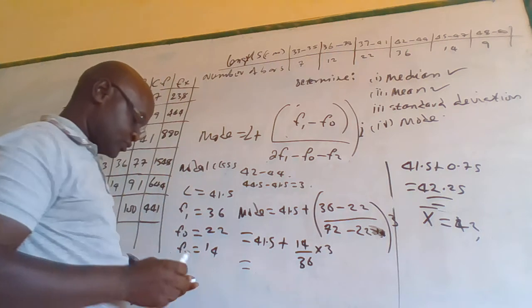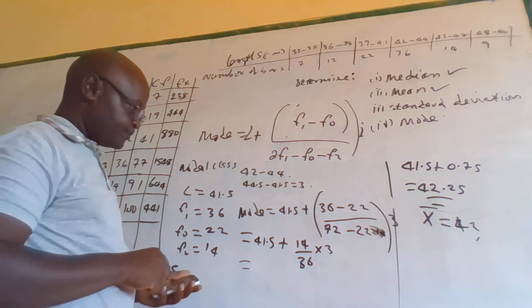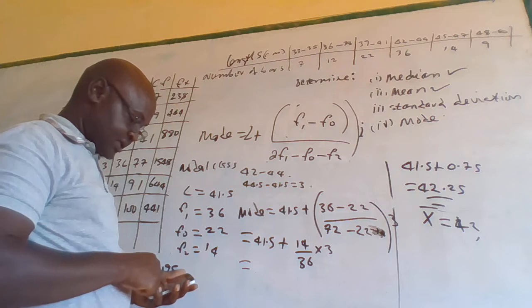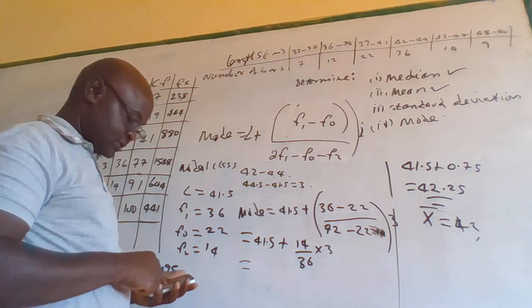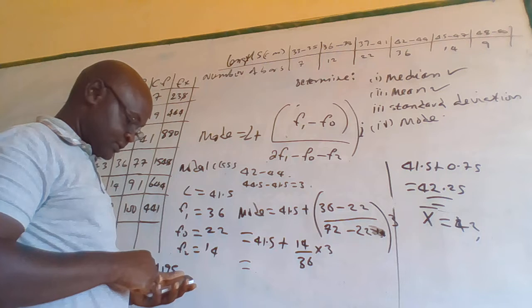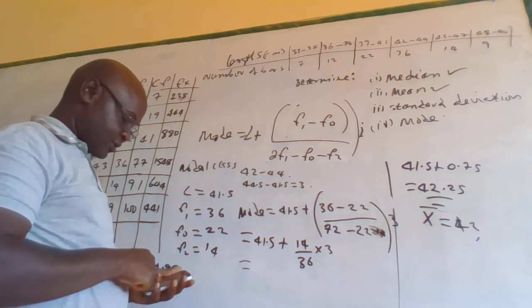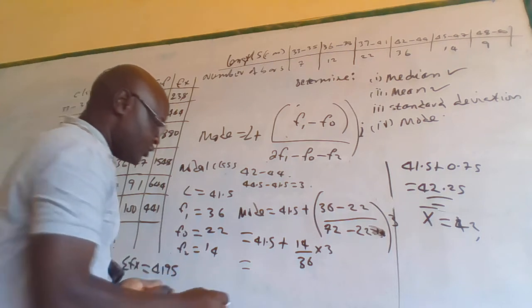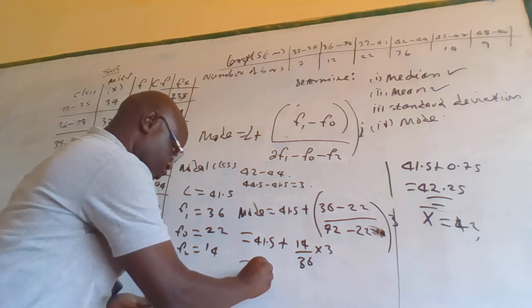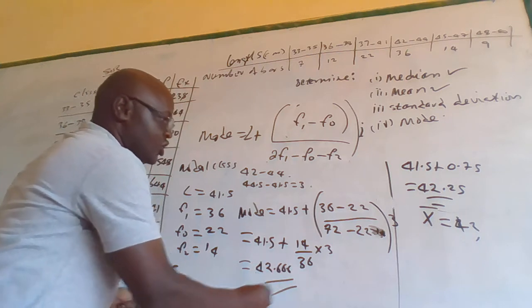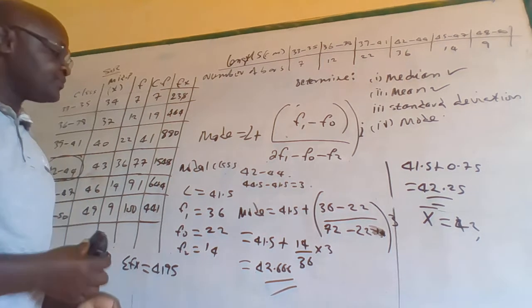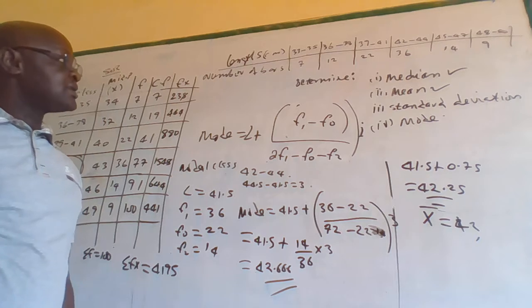So this equals 14 divided by that 36 times 3, then plus 41.5. So 42.666. So that is our mode. Our mode is 42.66.